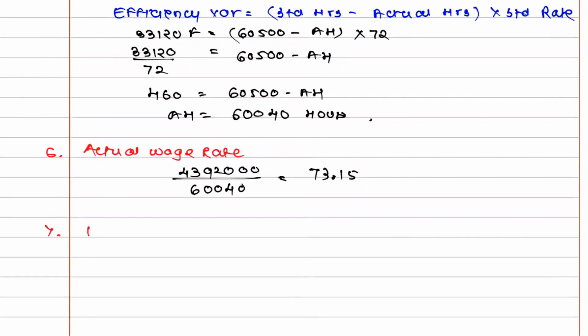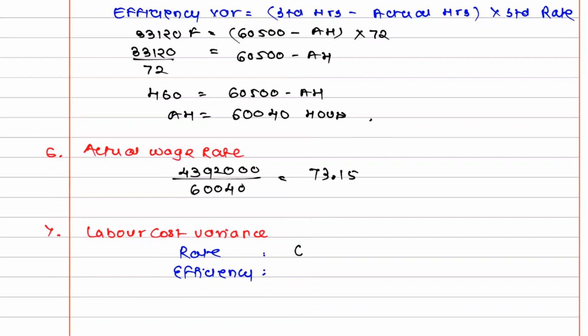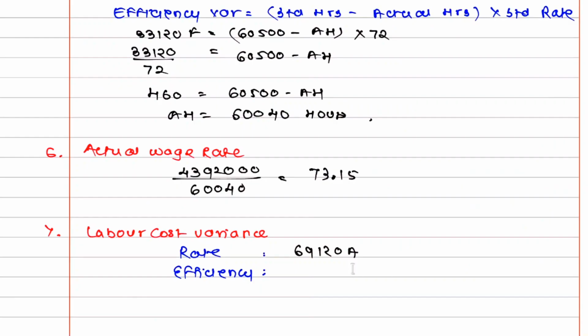So, labor cost variance. Here you can confirm your answer, as you know the rate variance and the efficiency variance. Let me just check. The rate one is adverse 69,120, and the efficiency one is favorable 33,120.